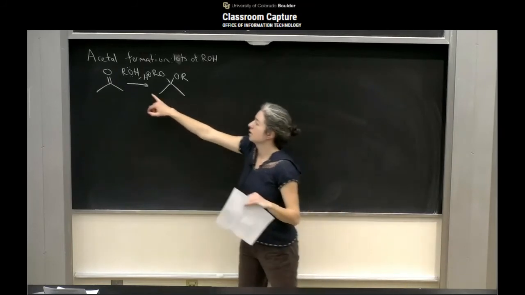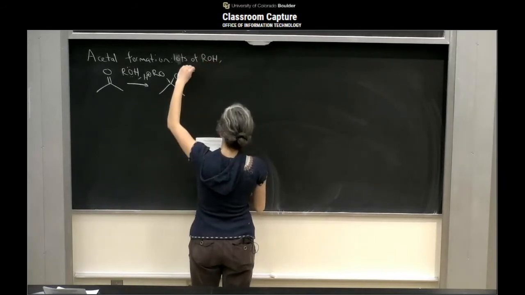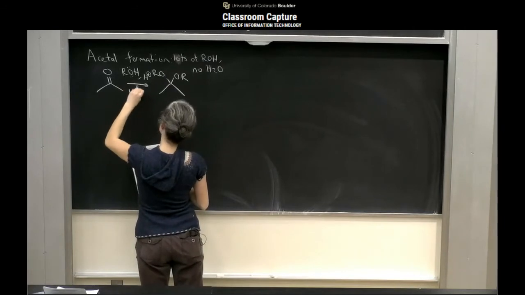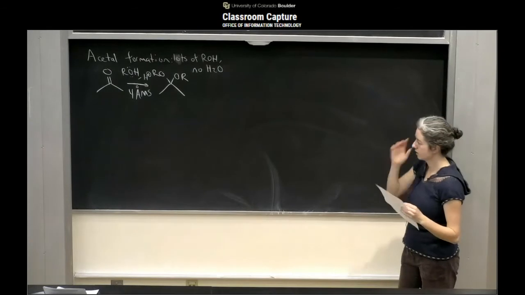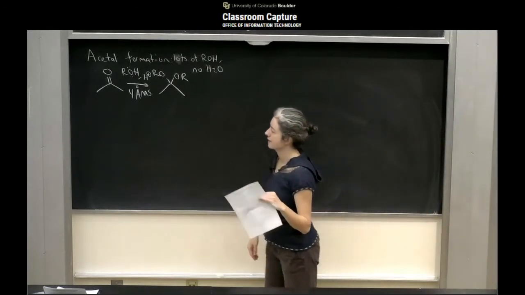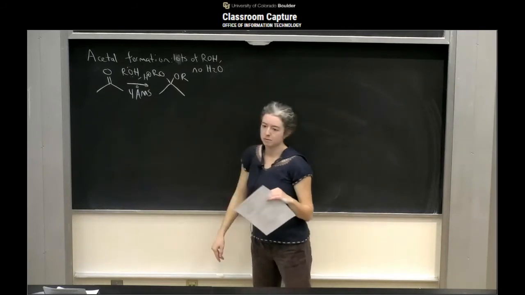I don't know if people who took OChem 1 with other people have seen this, but 4 angstrom molecular sieves are a good way of doing that, just soaking up the water in the reaction. There's a few other options too, which you might have seen in the exam archives, but this is kind of the way most people do it now.